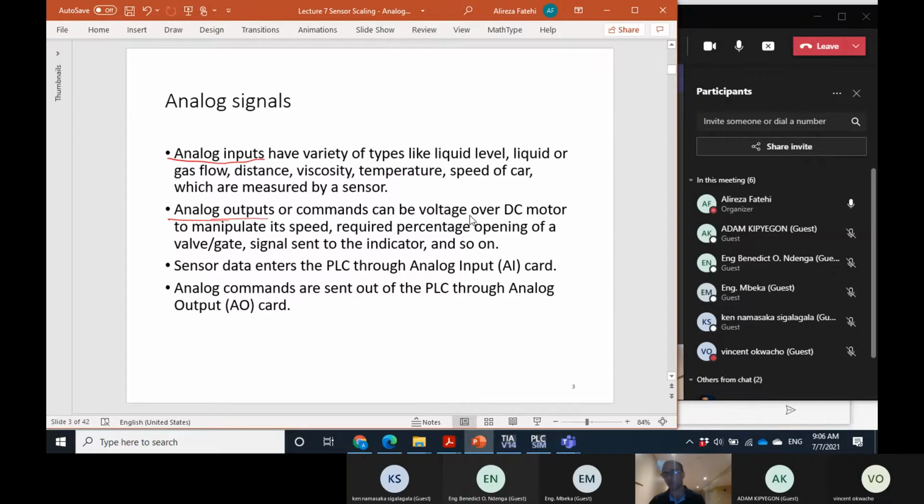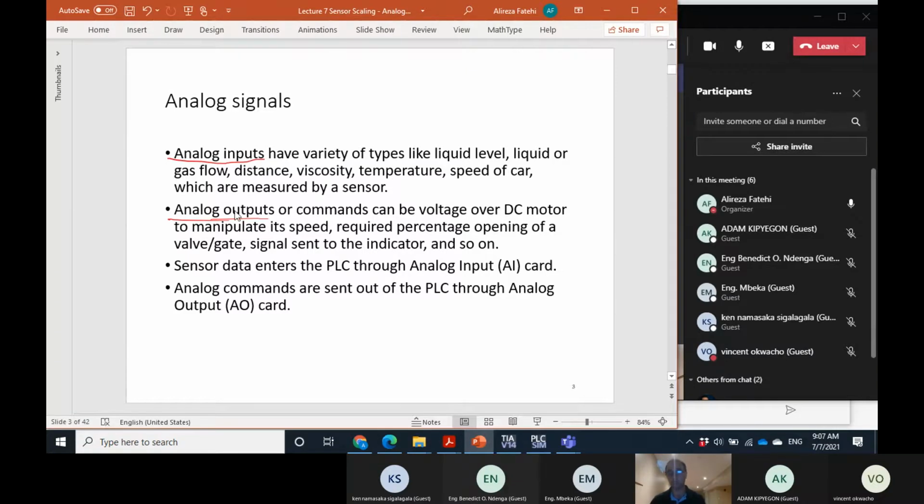For example, the voltage over a DC motor to control its speed, or the percentage of opening of a valve. The valve is not going to be only open or close. It has a position: 10% open, 12% open, how much the opening of the gate or valve should be. These are the types of commands that we send.